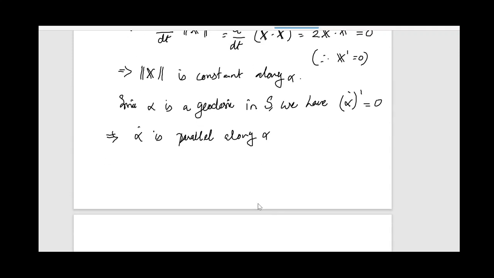Now we have got that X and alpha dot are parallel along alpha.